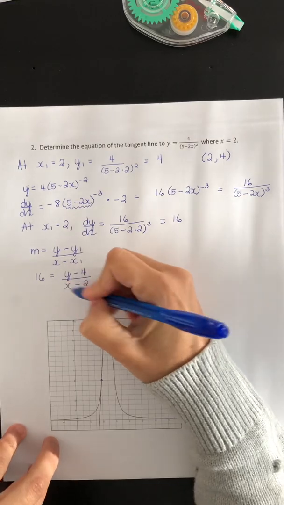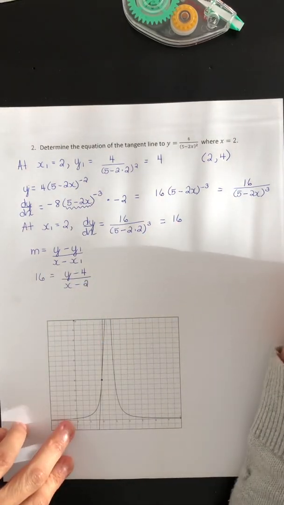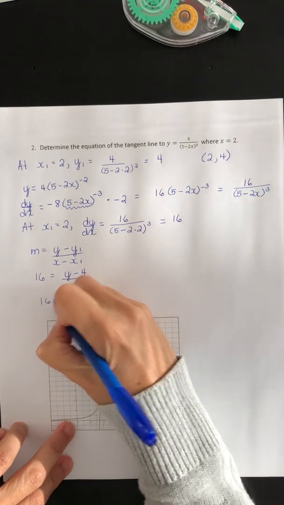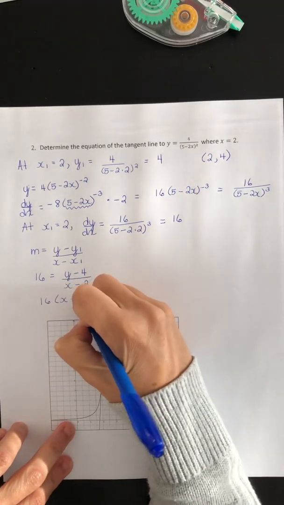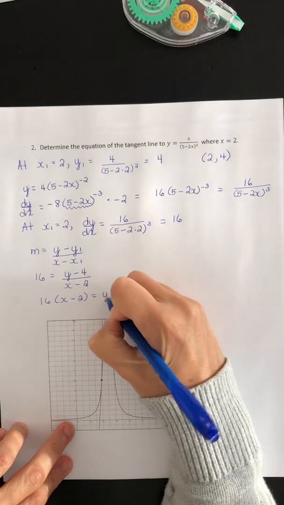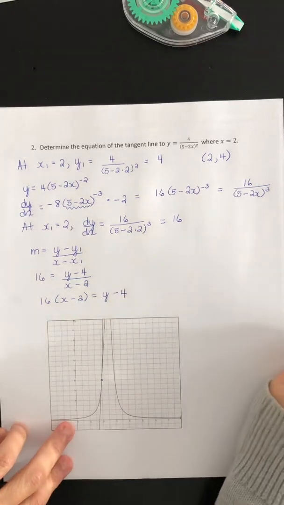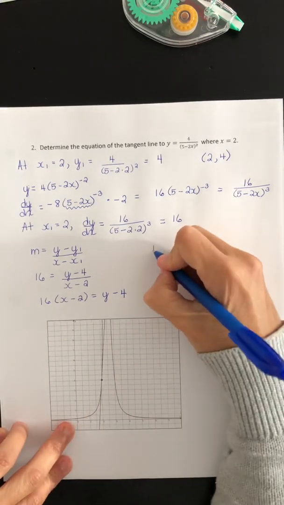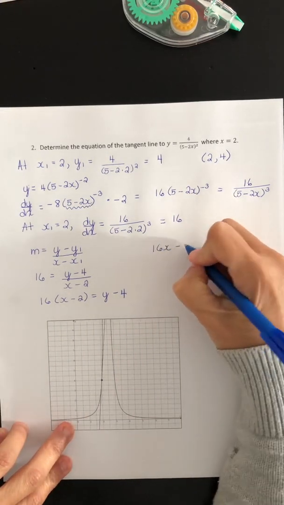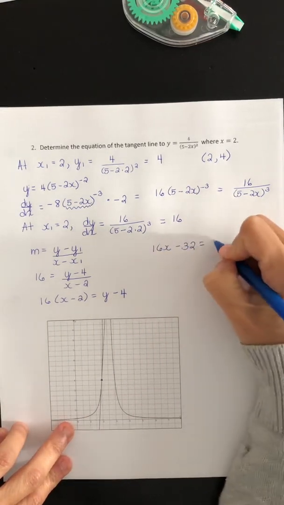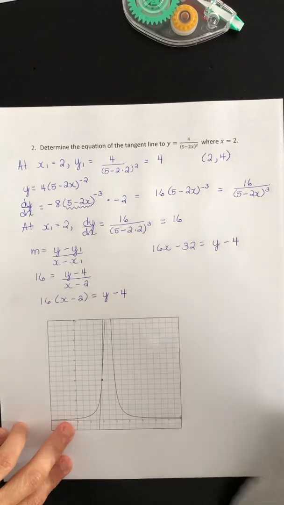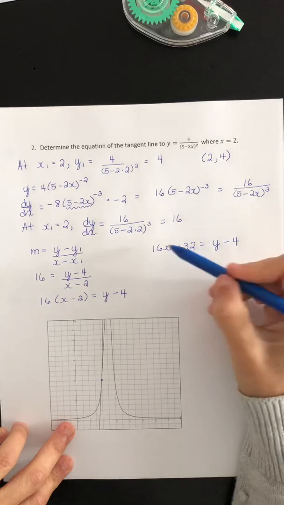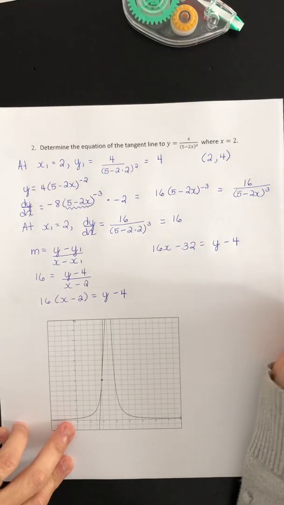Cross multiply next. Okay, so we're gonna have 16 times x minus 2 is y minus 4. 16x minus 32 is y minus 4. And then again, for general form, we put everything on one side with right side 0.